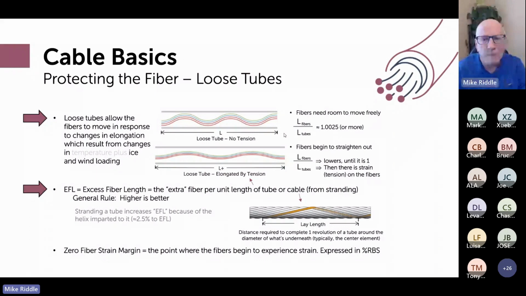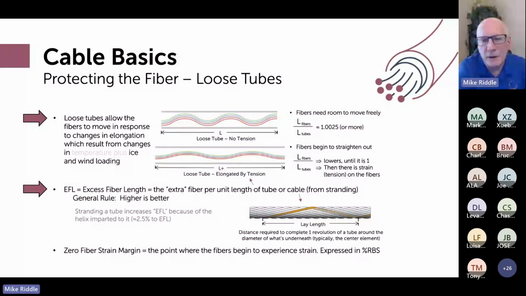Why? Because the higher the EFL is, the more range you're going to be able to protect the fibers from tension. Now, fibers are glass, but glass by its nature is brittle. So you can understand that cyclic loading on the fiber itself, which is what you can expect in an aerial cable environment, on a brittle material, nothing good can happen.